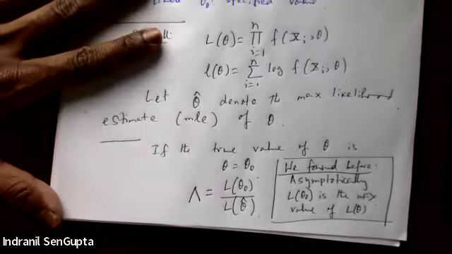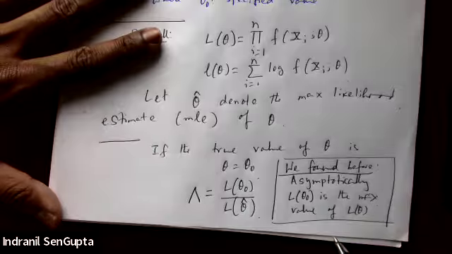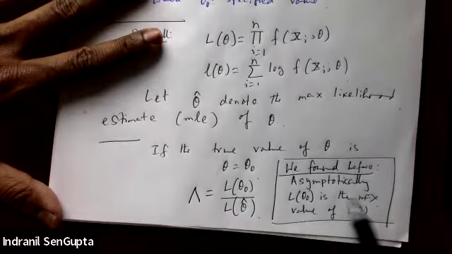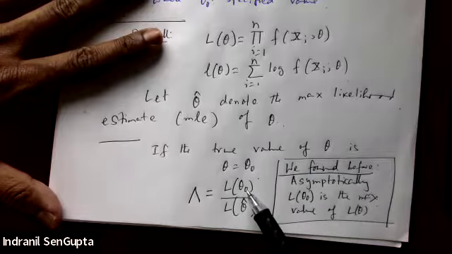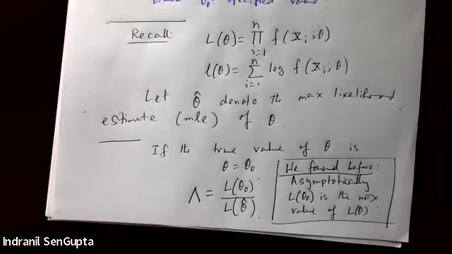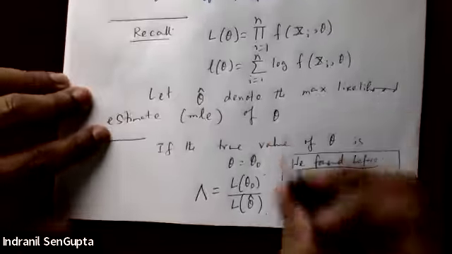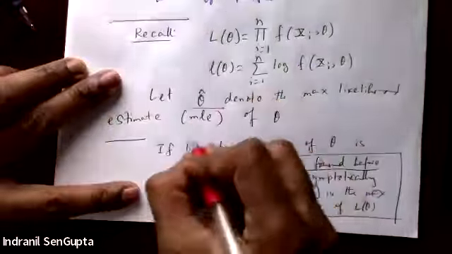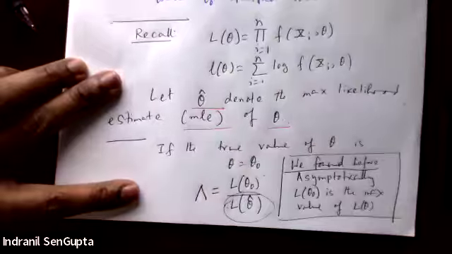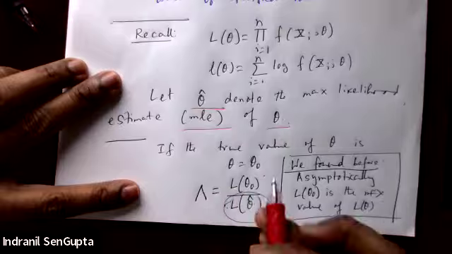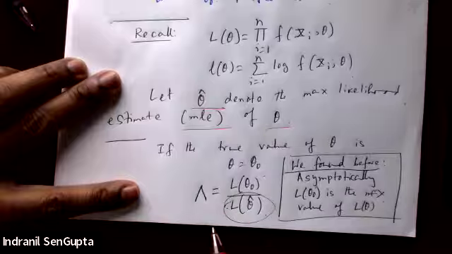Now let's look carefully at what this L(theta hat) is. Theta hat is the maximum likelihood estimator of theta, so by definition this maximizes L, right?